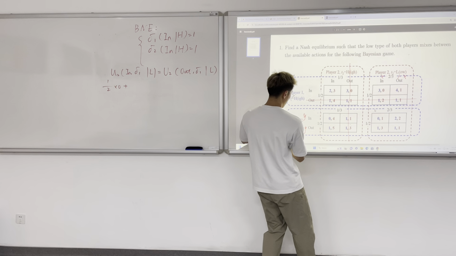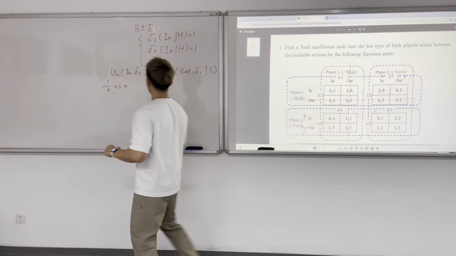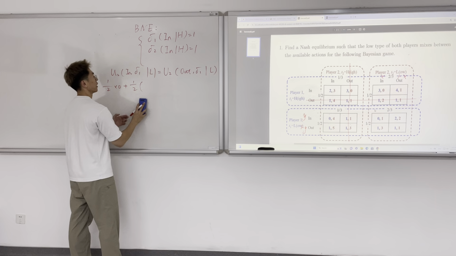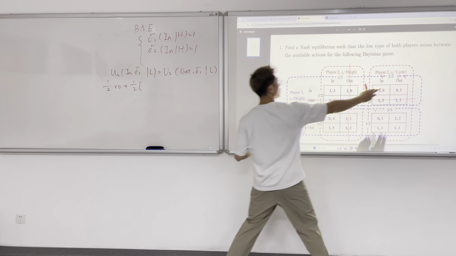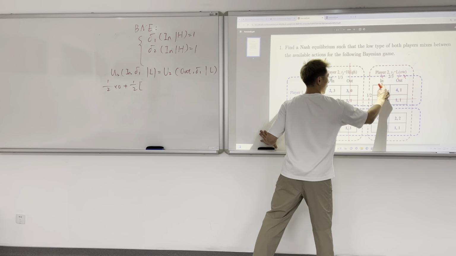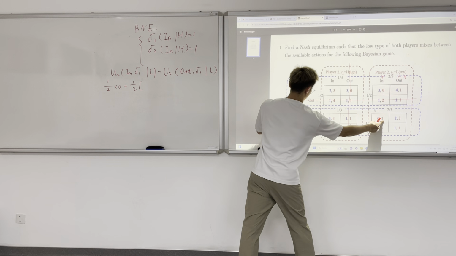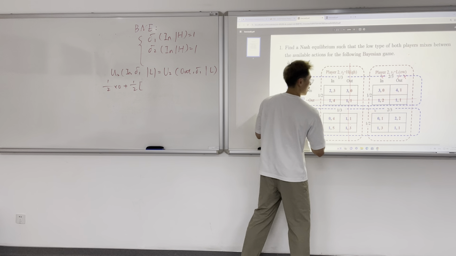If the opponent is a low type, which has possibility 1/2, in this case the low type player 2, by playing in, will get a payoff of 1 if the opponent plays in with a probability of y.